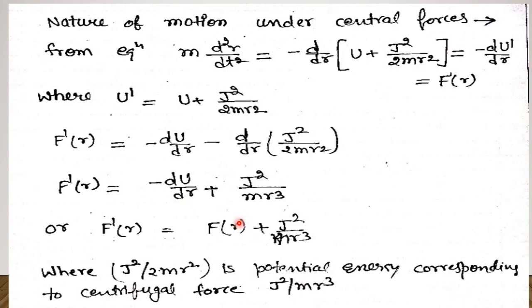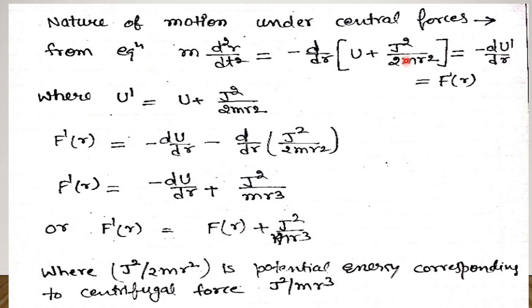Now we will find the nature of motion under central forces. As we know from the equation written in the previous sections, m d²r/dt² = −d/dr (U + J²/2mr²). This is the equation which we have written in previous slides.